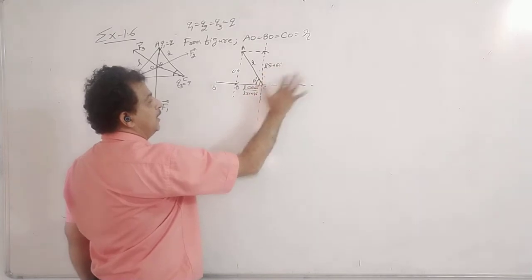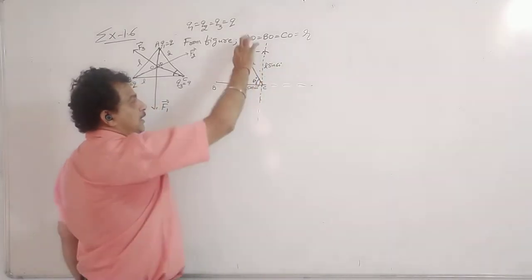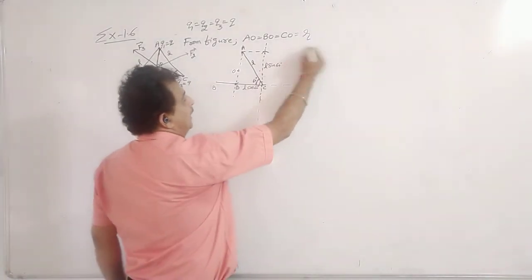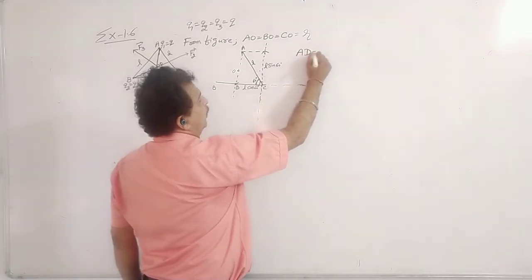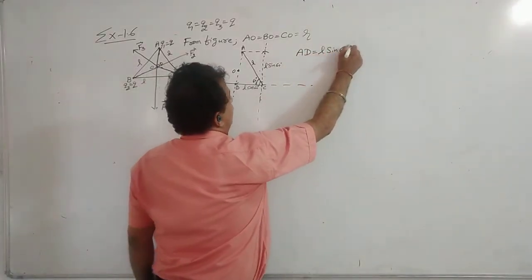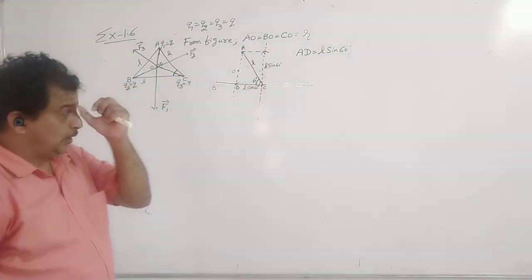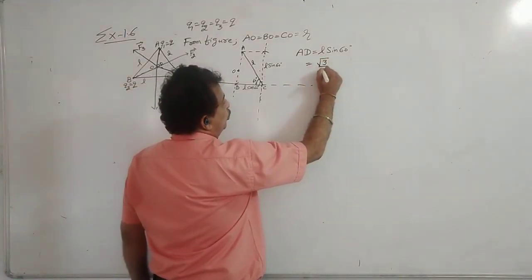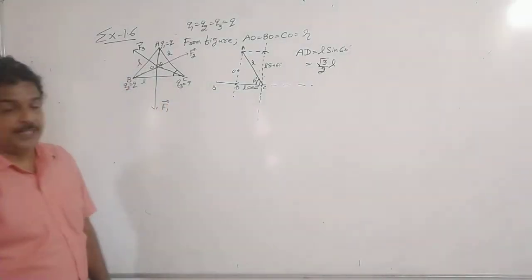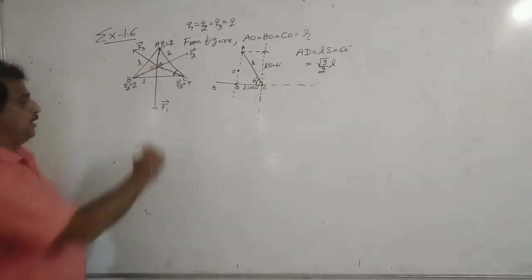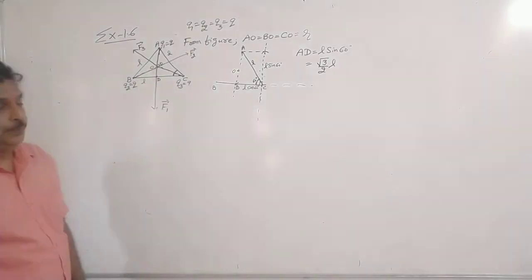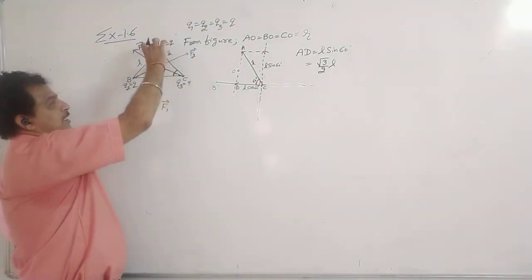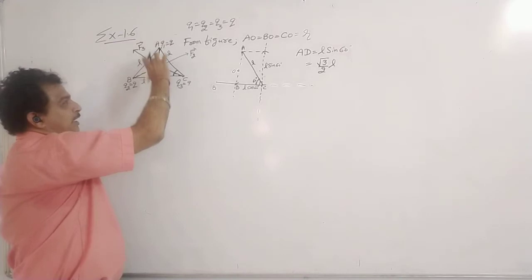I have taken an angle of 60 degrees and resolved AC into its two components. Now from this diagram, we write AD is equal to L sin 60 degrees. This AD is parallel to this side. So it is L sin 60 degrees, which can be written as root 3 by 2 L. So I found AD for this triangle. This is our point A. Now, from the geometry, we know this distance AO is 2/3 of AD and OD is 1/3.